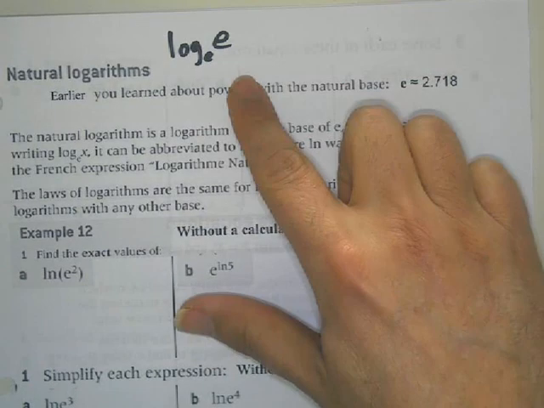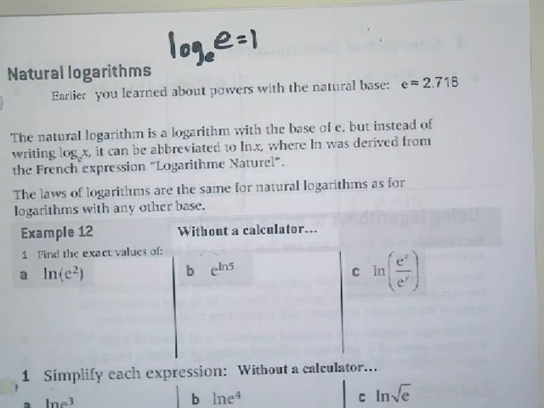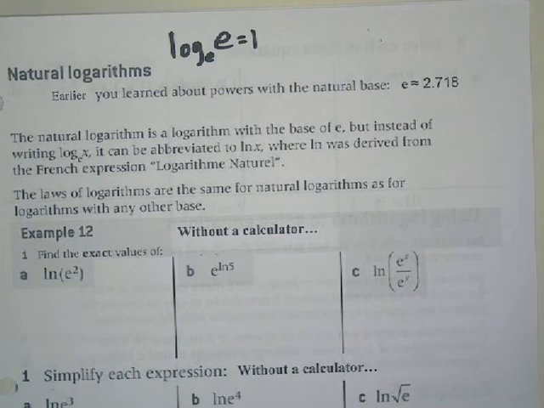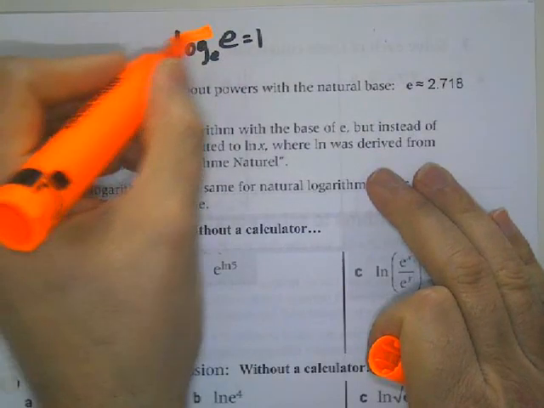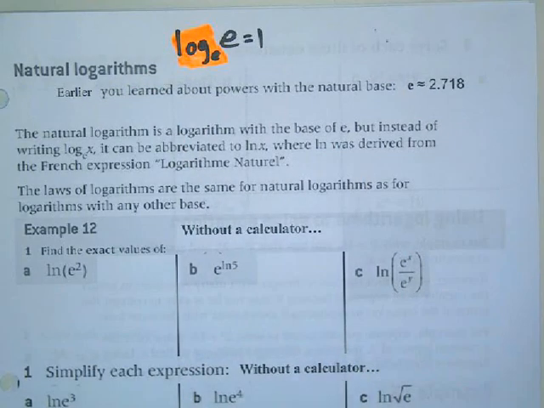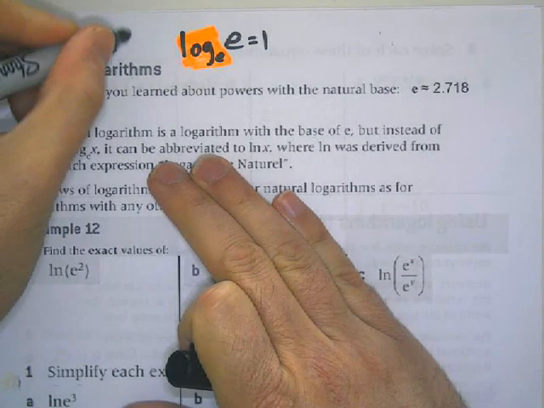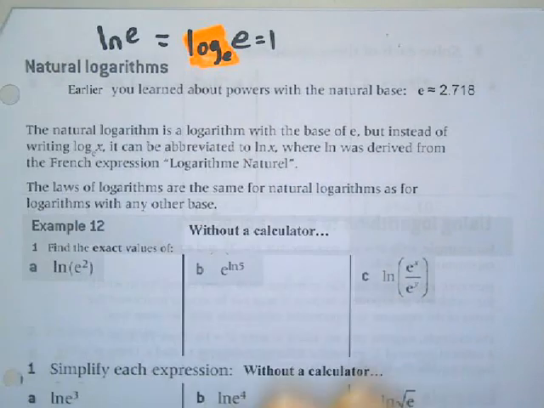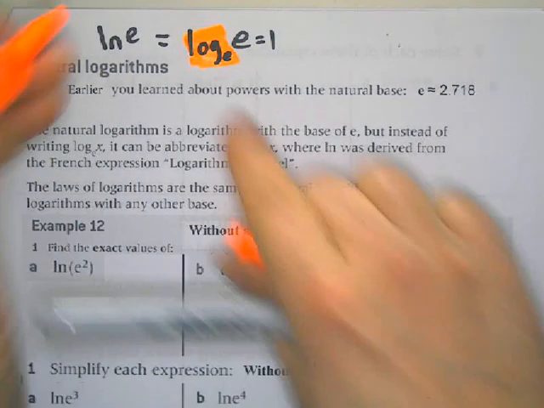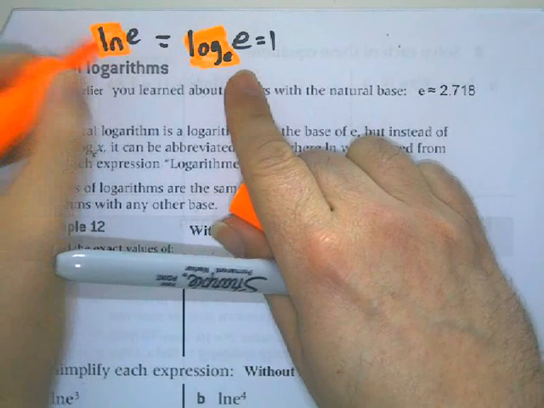So we know that this is equal to 1. Also, what we talked about the other day is that log base E is the same thing as writing natural log. If I didn't want to write this little subscript e, I can simply write natural log.